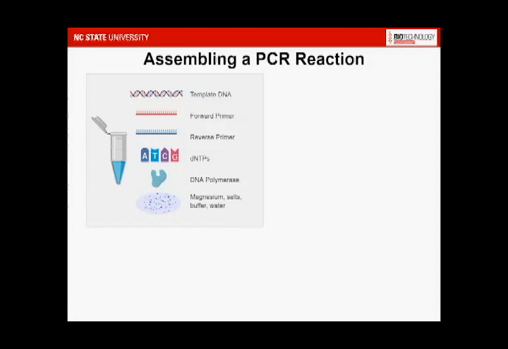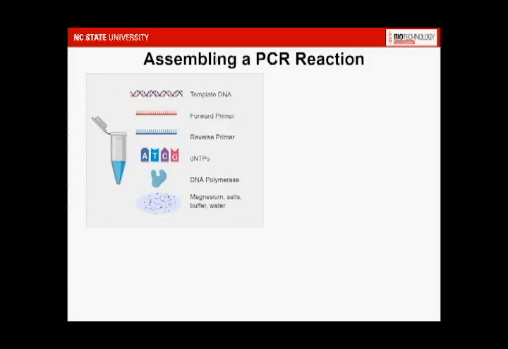The specific reaction components can vary for each specific PCR. The scientists can use different templates along with their own user-defined forward and reverse primers, and there are many commercially available DNA polymerases, each with their own optimal buffer components.